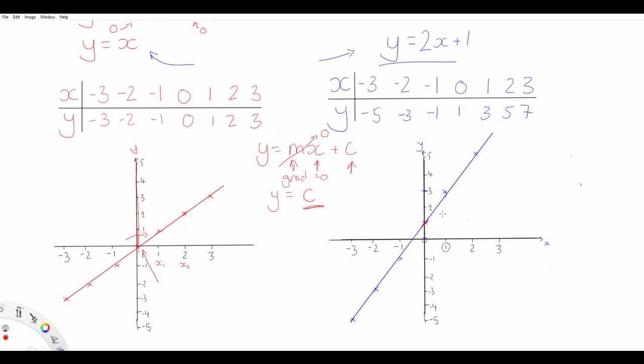Here is the point at which it crosses the y-axis, the point at which x equals 0, and we can see that y equals 1. So the c value should be 1, and sure enough, when we look at the equation, the c value is indeed 1. So the point at which x equals 0, the y term is given by the c value. It's the constant term in the equation, and that's the point at which it crosses the y-axis, or the line of x equals 0.